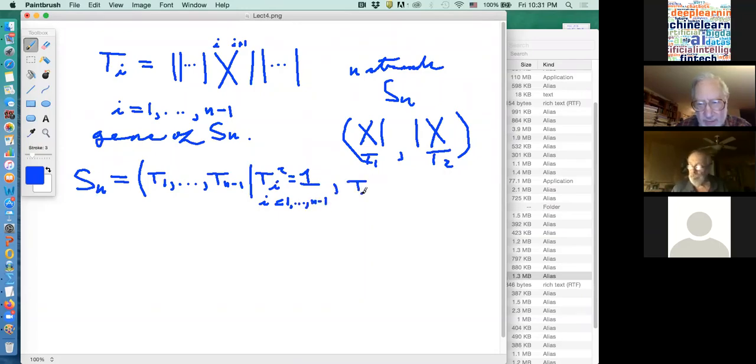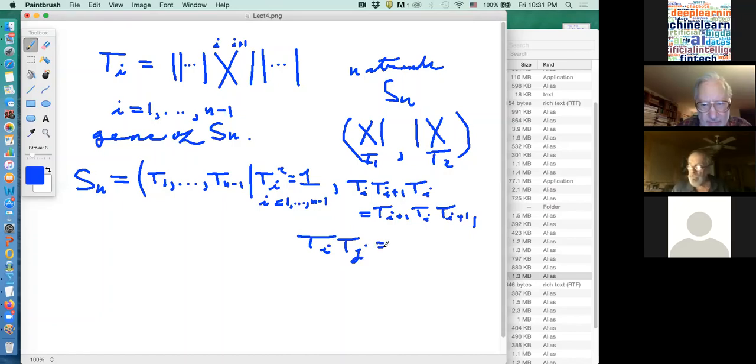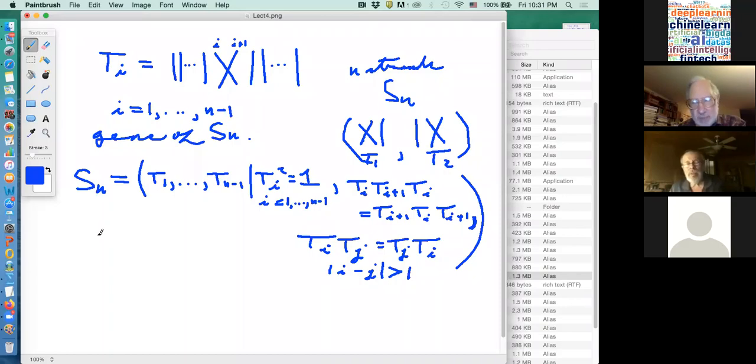And Ti plus 1, Ti, Ti plus 1 is equal to Ti, Ti plus 1, Ti. And also they commute when they're far apart. That's the story. That's a presentation for the symmetric group on n letters. And you could have some fun proving that for yourself if you're interested.